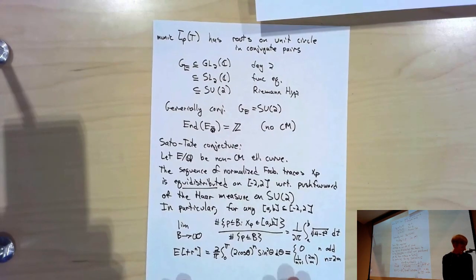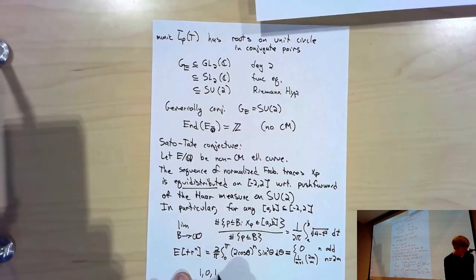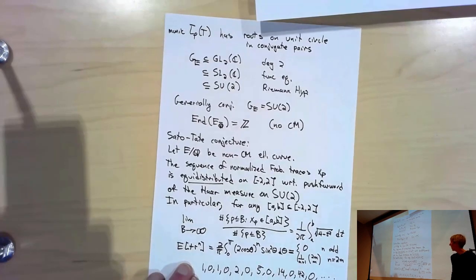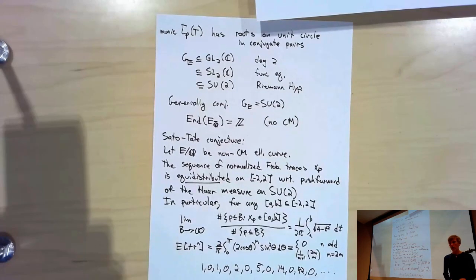And so the moment sequence looks like 1, 0, 1, 2, 0, 5. Exactly the moments that we saw on the screen. And I will end there unless there are any questions.